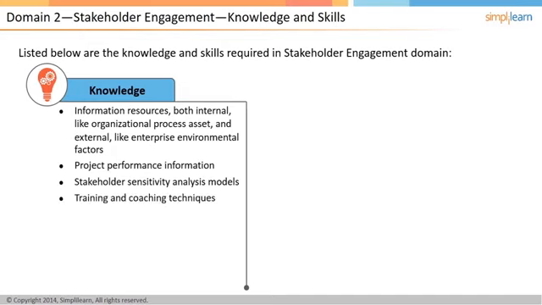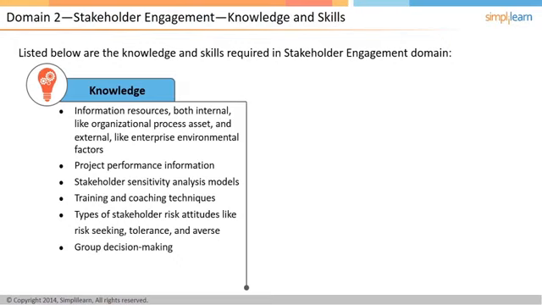In addition to this, the project manager should understand how to coach and train the stakeholders about risk management-related topics, and the types of stakeholder risk attitudes like risk-seeking, tolerance, and averse. Gaps should be addressed through group decision-making and group creativity, such as brainstorming, Delphi method, etc. For more insight about these techniques, please refer to PMBOK.